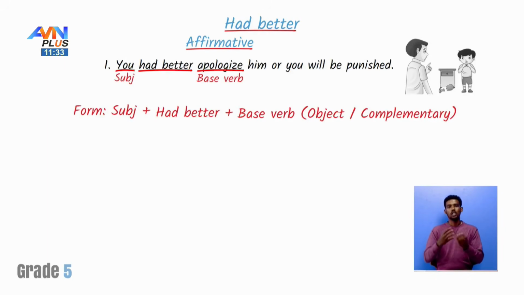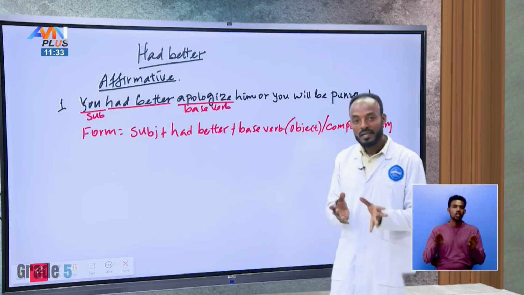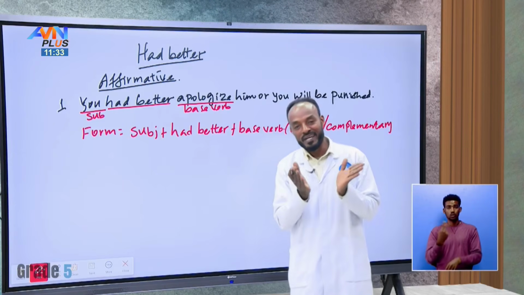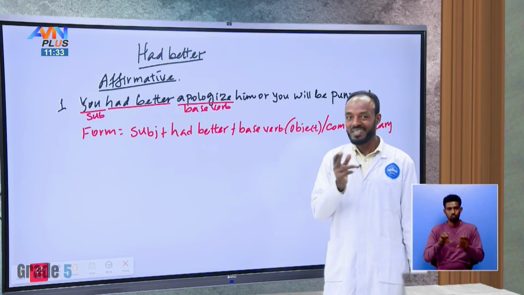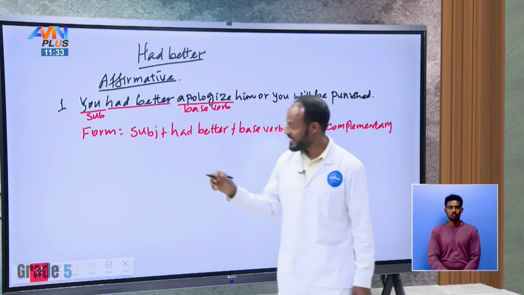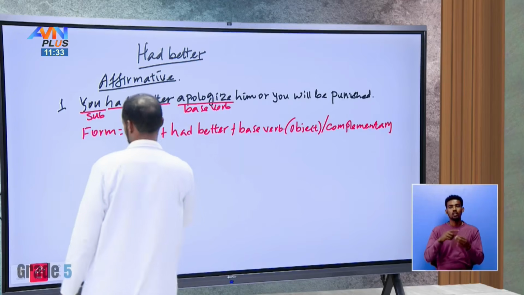Object, or complementary. Complementary means the sentence or the clauses that we use to make the given sentence clearer. Okay? Now, what about its negative form?